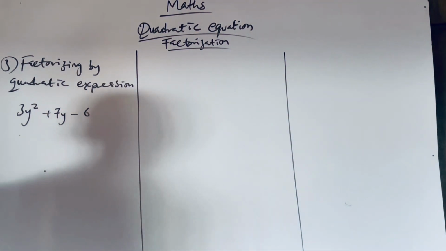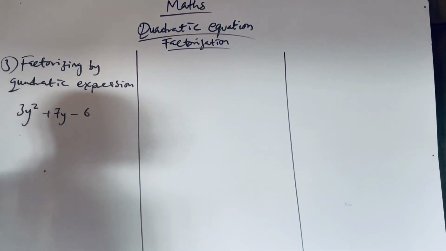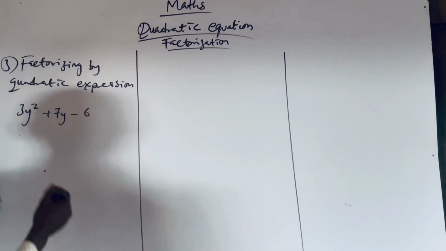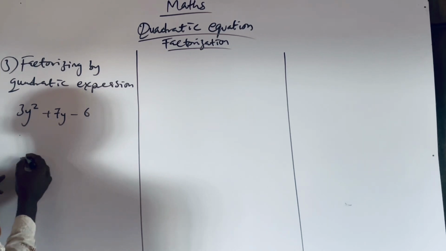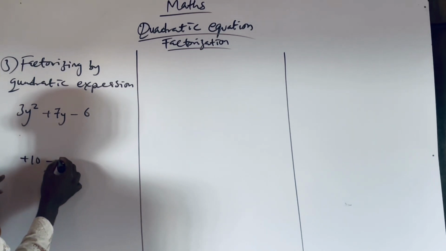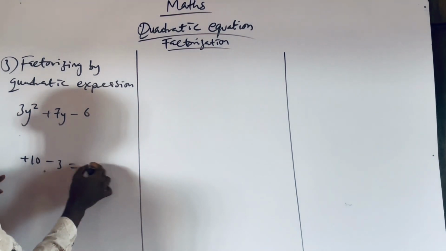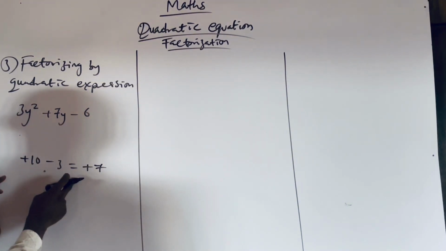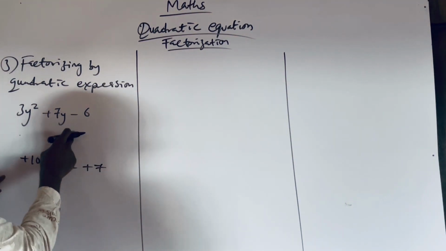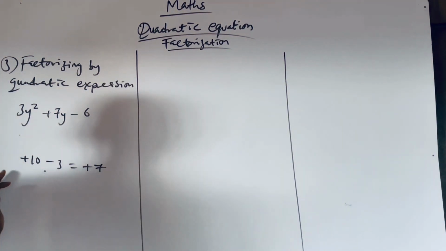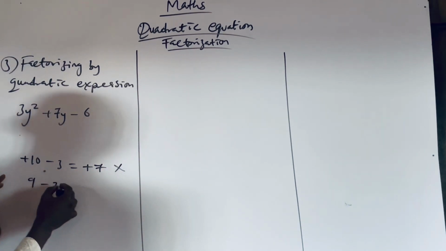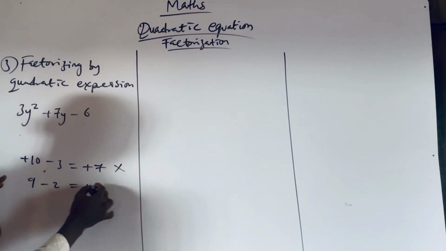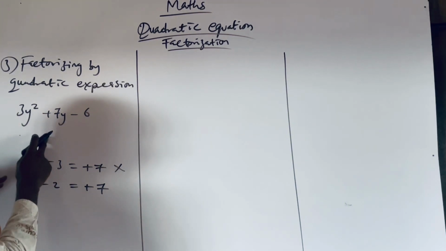If I should ask you now, what are the two factors that will give us plus 7? There are many things that can give us plus 7. Plus 10 minus 3 will give us plus 7, but can this fit into this quadratic equation? The answer is no. 9 minus 2 will give us plus 7. Can it fit in here?